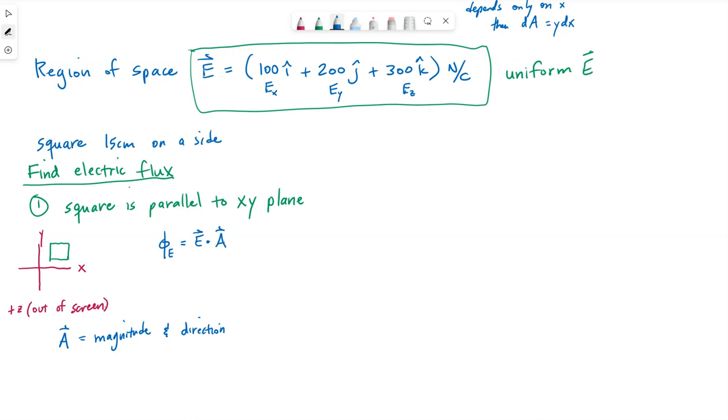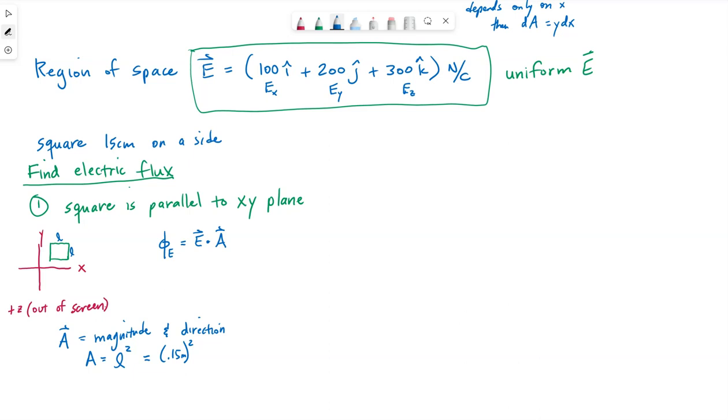So the magnitude of this, since we have a square, is just going to be the length of both sides, 0.15 meters squared. So I'm essentially saying that both sides have a length L. Since it's a square, we end up with L times L, or L squared. So this is the magnitude of the area vector.